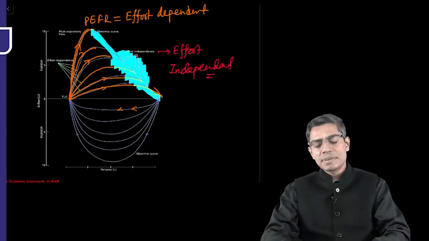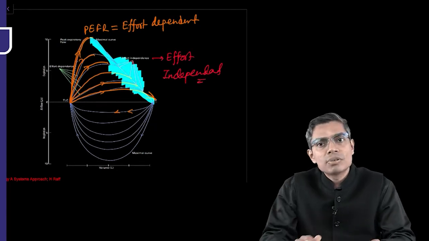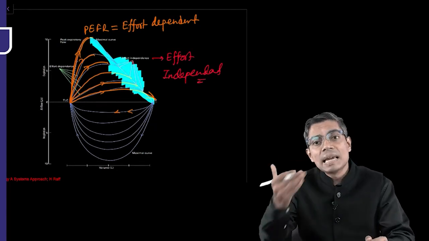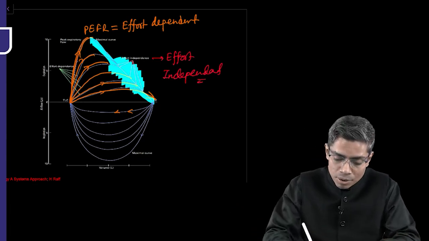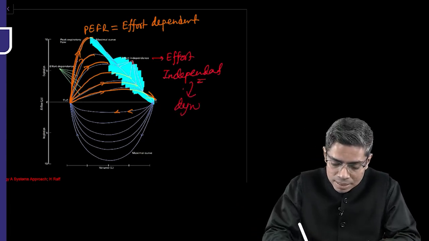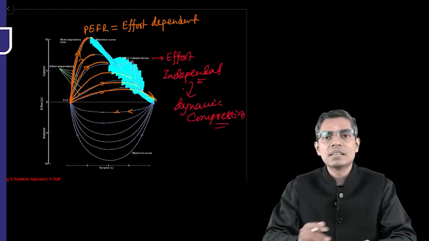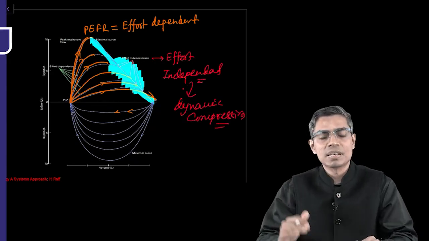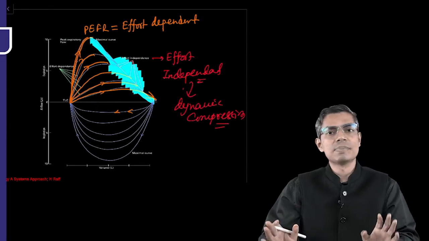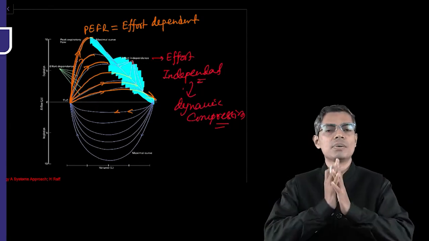That means whatever is your effort, you are not going to raise the flow rate during the end of expiration because of the starting of dynamic compression, right? So this is the thing that you have to remember, that effort independent means at the end of expiration, the right hand portion of the curve is effort independent. That is due to dynamic compression.